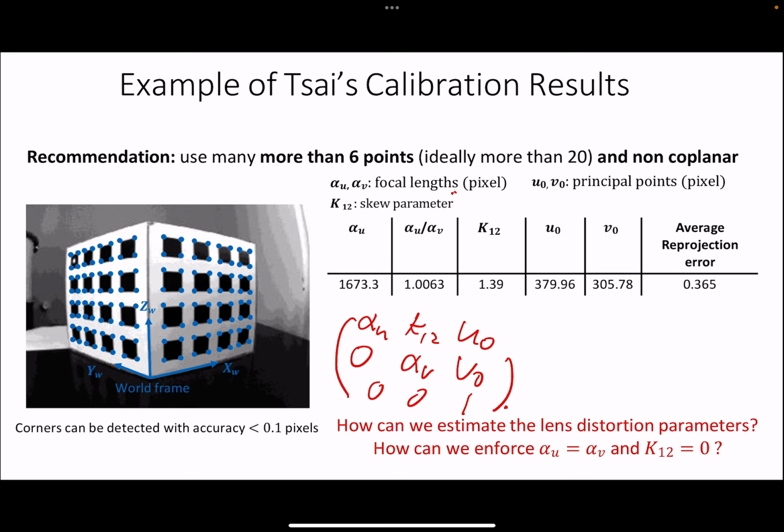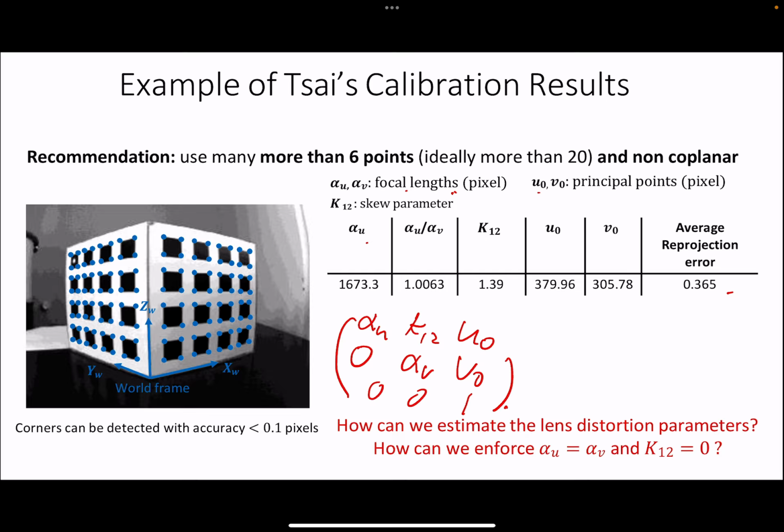So we have a skew parameter here. Alpha U and alpha V are focal lengths, U0 and V0 are principal points, and this is the skew parameter.